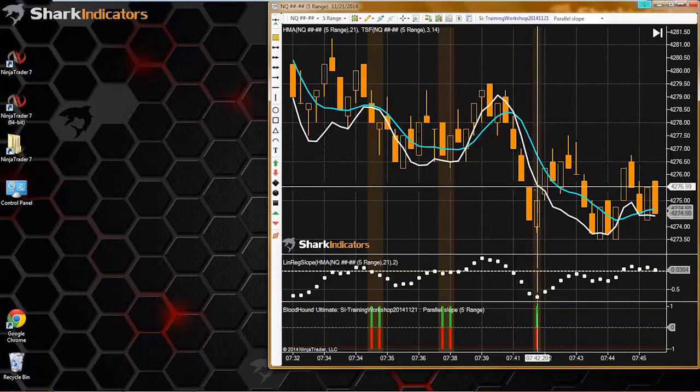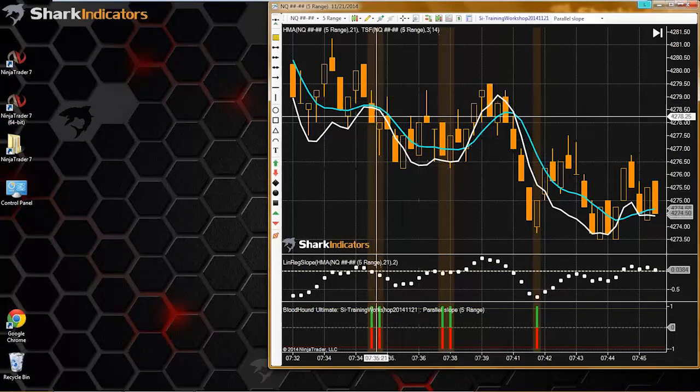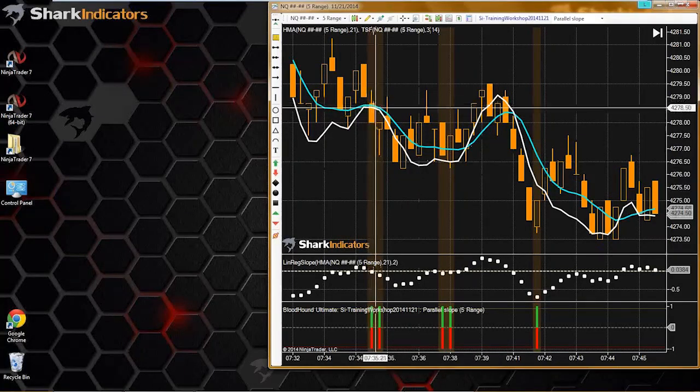They're also changing angles into parallelness and then shifting out. It's hard for the eye to pick that up. Over here, these two, that's a little more obvious that those are parallel.